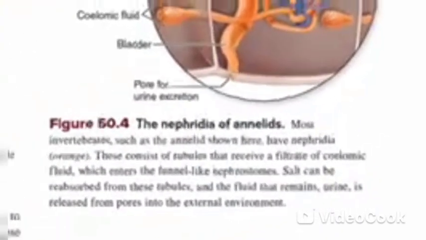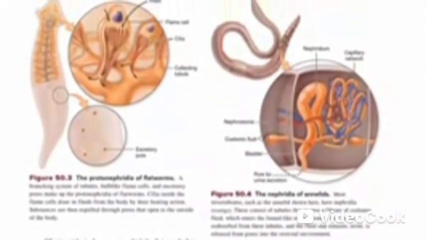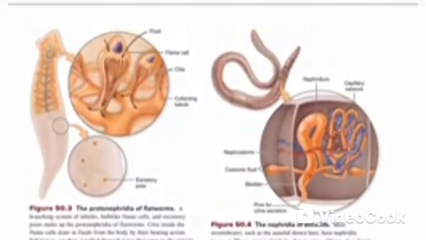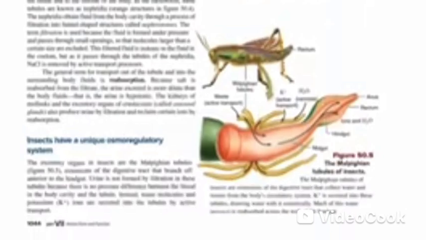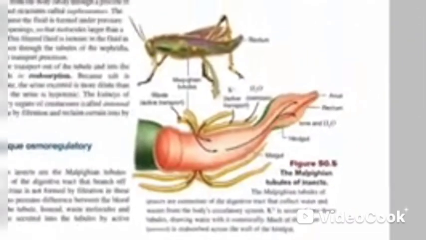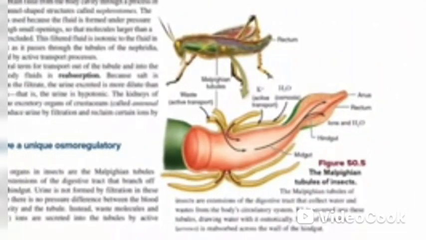The nephridia of annelids, and this way, the Malpighian tubule of insects.